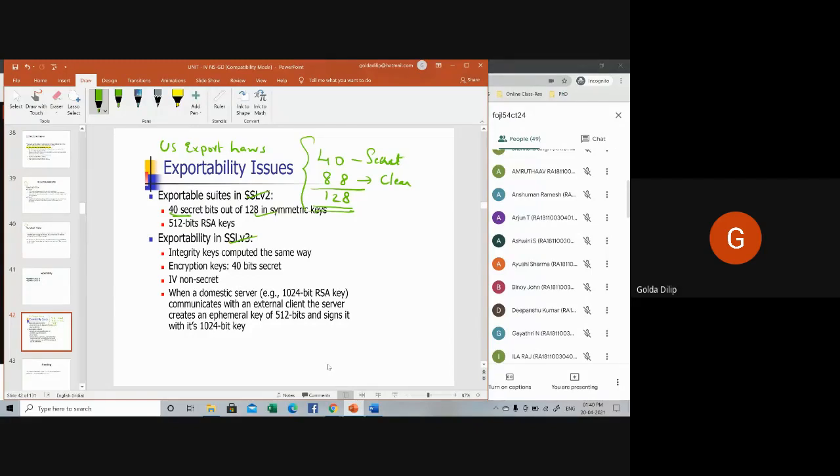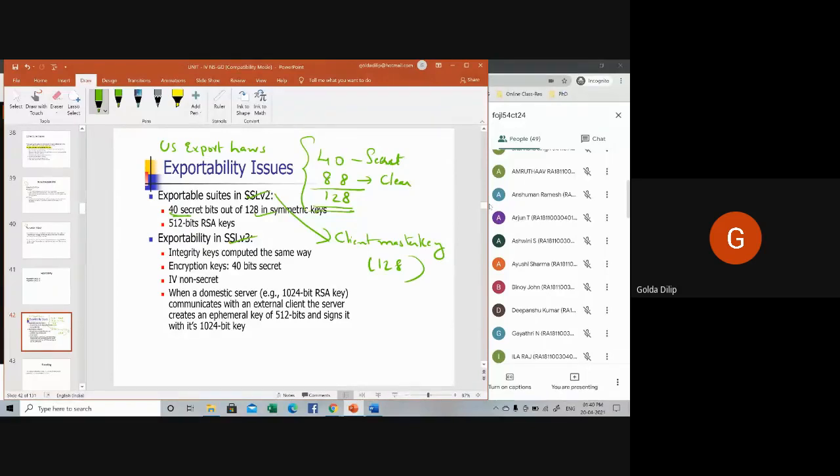In SSL version 2, this is known by a name: the client master key. This client master key will be 128 bits.